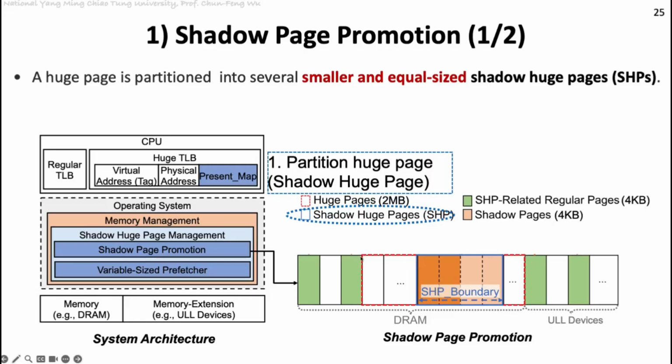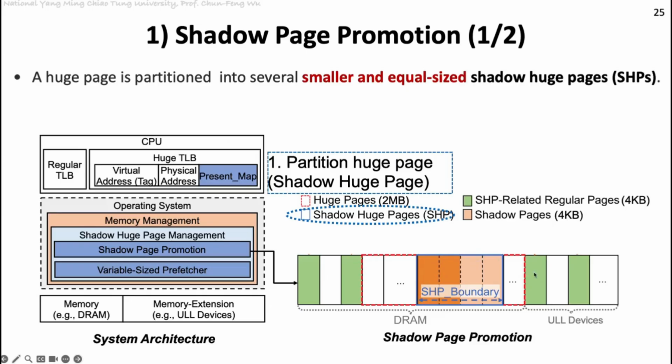This red part is a huge page, which we said is 2 megabyte. And because 2 megabyte is too huge, we have a new design called shadow huge page, just like a part of the huge page. So this is a shadow huge page. If, for example, the huge page is 2 megabyte and we set our shadow huge page to 64 kilobyte, then this area of 16 continuous pages will be configured as one shadow huge page.